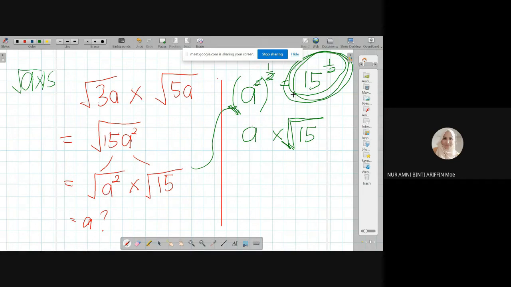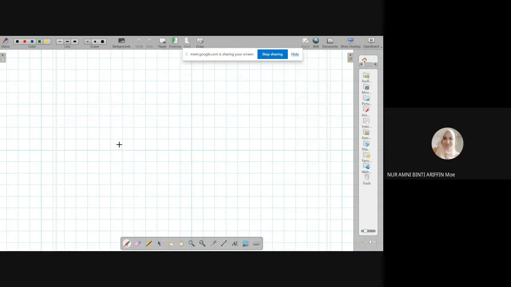But okay, the topic of indices and the topic of surd, we have a relation like I told you just now. The form of indices, for example, is 15 1/2, right? This is the indices form.